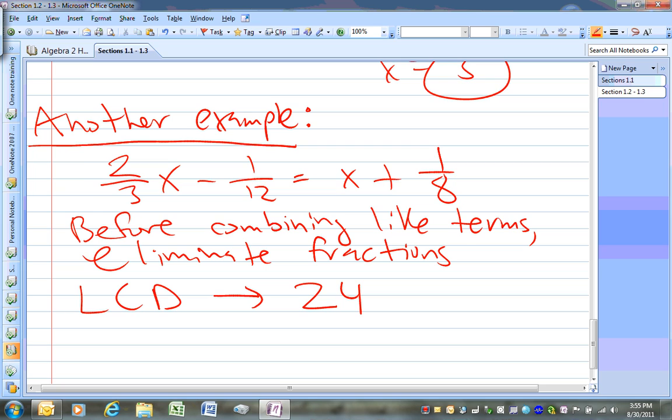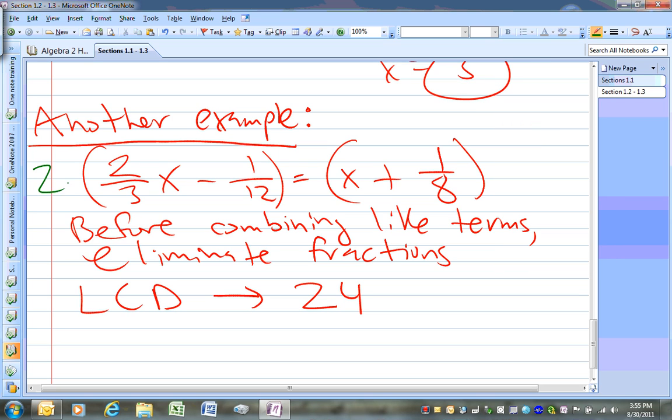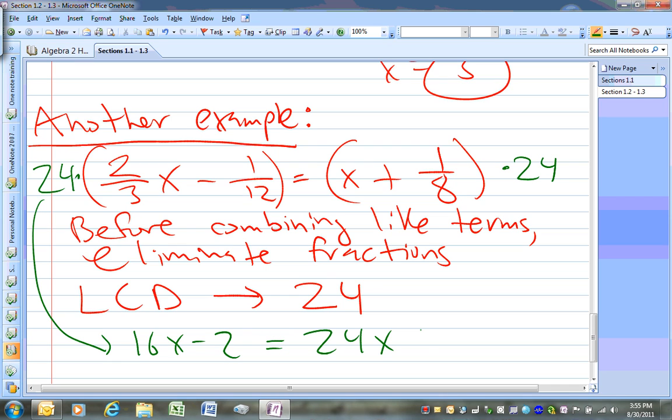So what I'm going to do is multiply both sides of the equation by 24. So use green here. It's kind of like Christmas, green and red. So now you can get 16x minus 2 equals 24x plus 3.